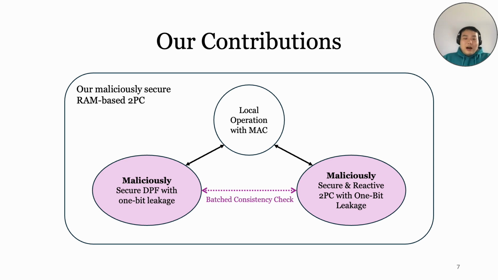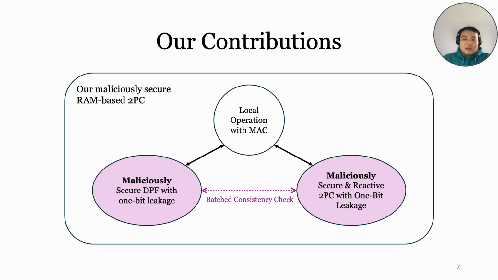And here is our design. Based on the DI17 design, to achieve the overall malicious security of our protocol, we need to compile each component to be maliciously secure. So we design a new maliciously secure distributed point function protocol with up to 1 bit leakage.